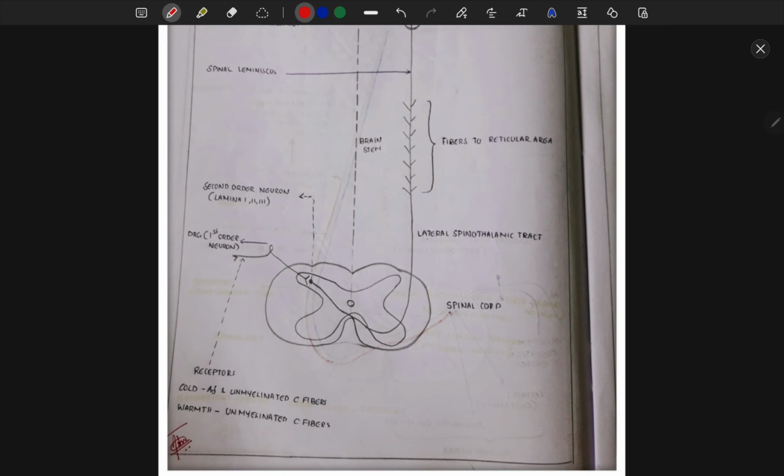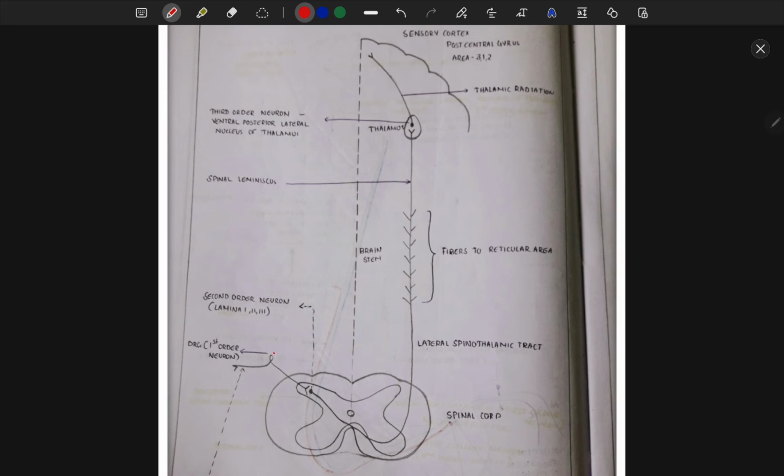For example, this is the temperature pathway. So we have two types of receptors. One is for detection of cold, we have A delta fibers and unmyelinated C fiber. For detection of warm, we have unmyelinated C fiber.